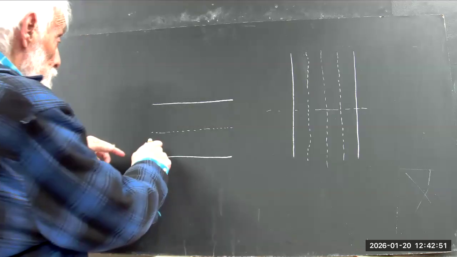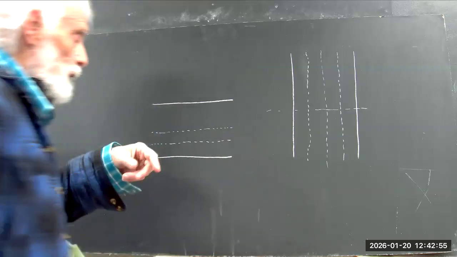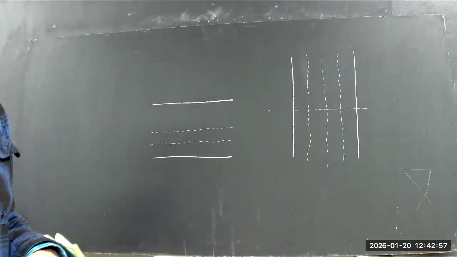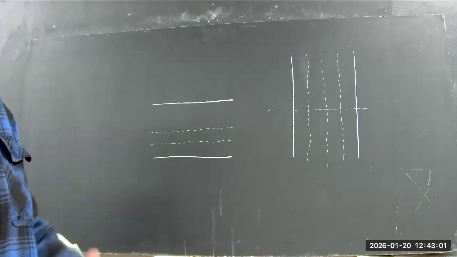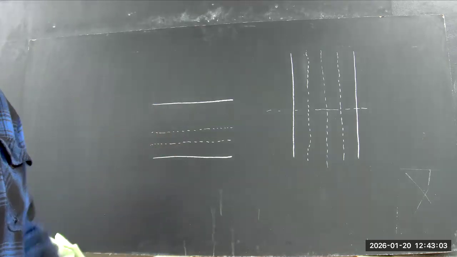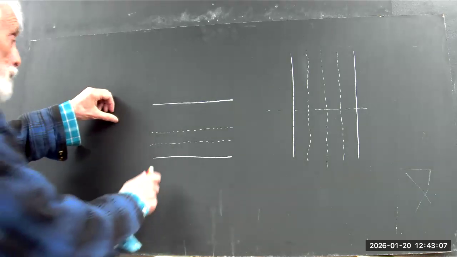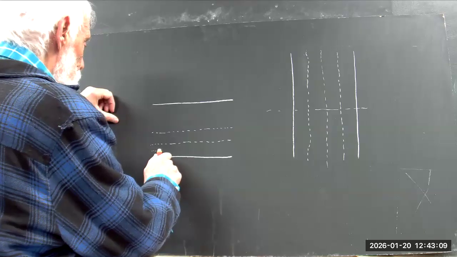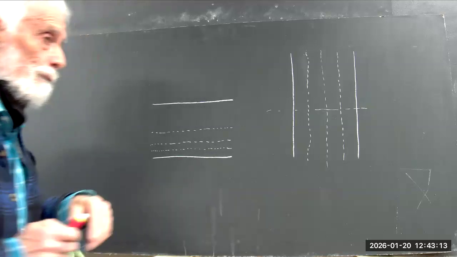There's the last line you drew. Then I said, repeat that instruction. What was the instruction? Halfway from the last line to the lower line. The last line is now this line, and you go halfway from there to the lower line. Right?